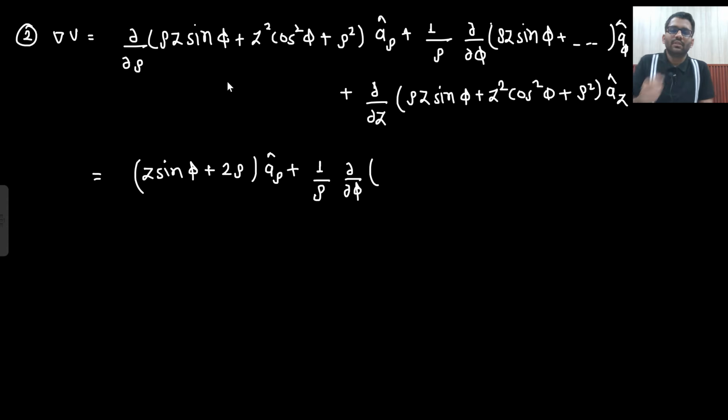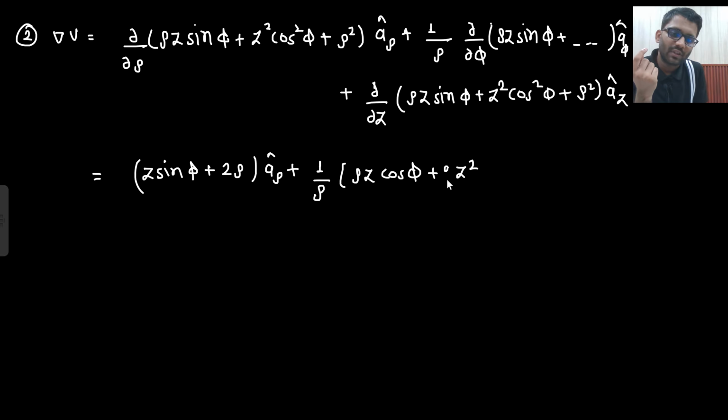What about this? In the first term there is sin phi. Differentiation of sin phi is cos phi. So rho z will come outward because I am doing the differentiation with respect to phi. So rho z cos phi plus, in the second term as well there is phi. So z square will come outward. So z square 2 cos phi, and what is the differentiation of cos? That is minus sin phi.